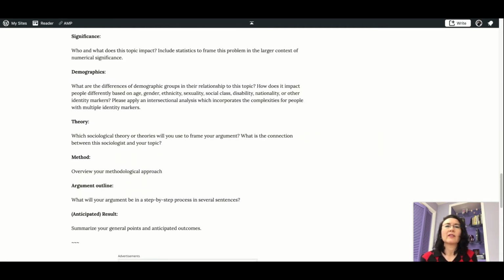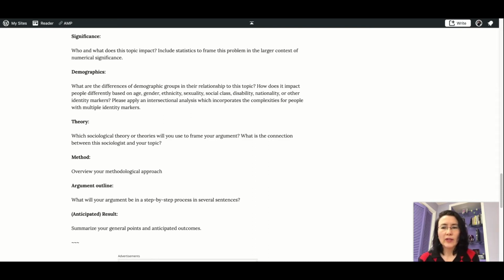So don't just list some grand abstract theory like structuralism or feminist theory or symbolic interaction, but specifically name who, which author, and what book, and how you're going to apply that theory to your topic, and how that theory is going to frame the organization of your capstone.